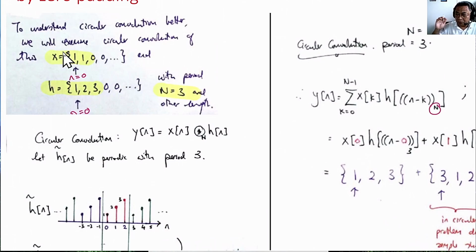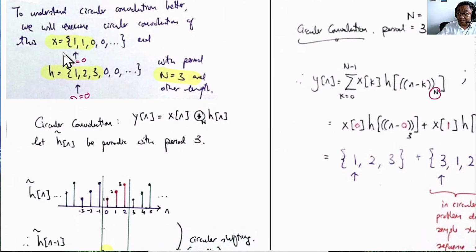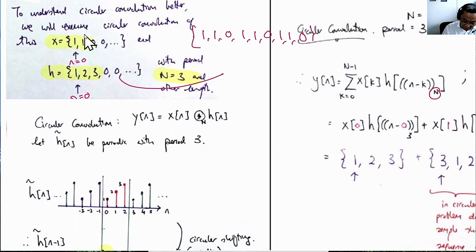When N equals 3, we are saying that this sequence will repeat every 3 samples. So it is actually 1, 1, 0, 1, 1, 0, 1, 1, 0, and so on for this sequence. And h is 1, 2, 3, 1, 2, 3, and so on until infinity.